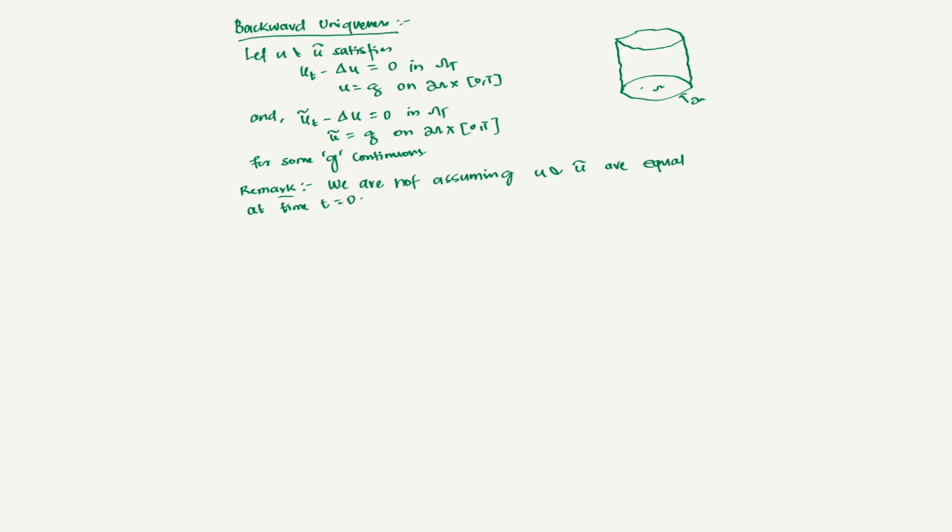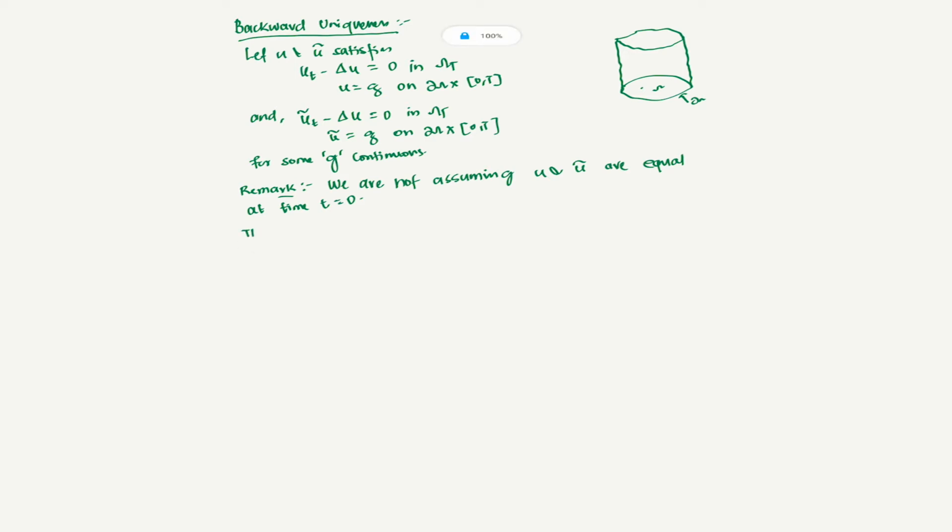So we are not assuming they are equal. It may be different, and at these points we don't know. We just know that on the boundary u is g and u tilde is g, that's all. On this boundary they are equal, not at these points. So at t equals 0, it may or may not be equal. Now what does backward uniqueness say?